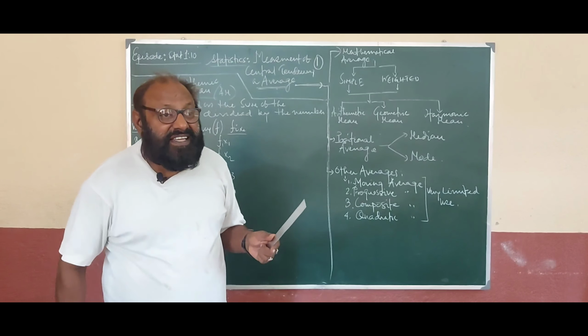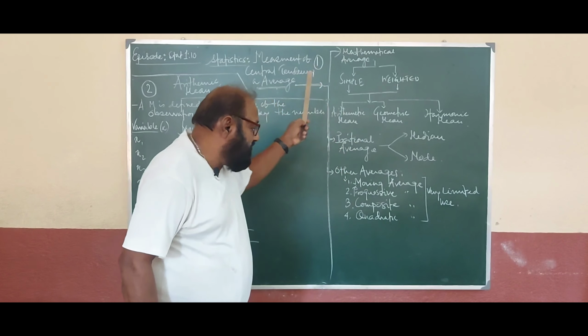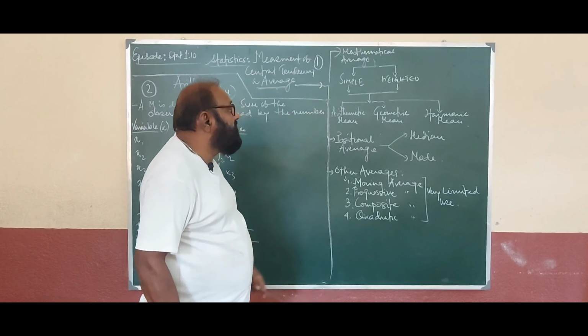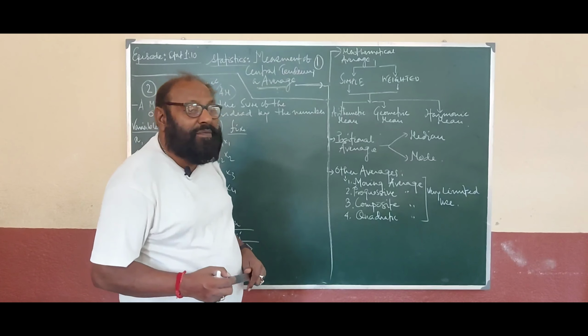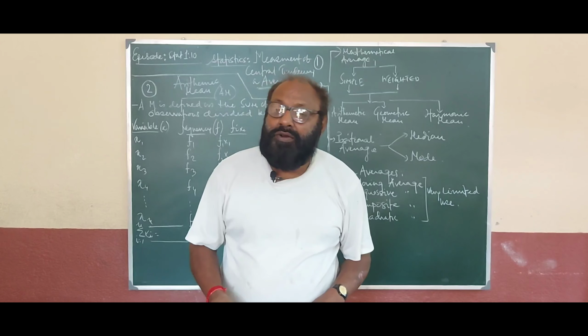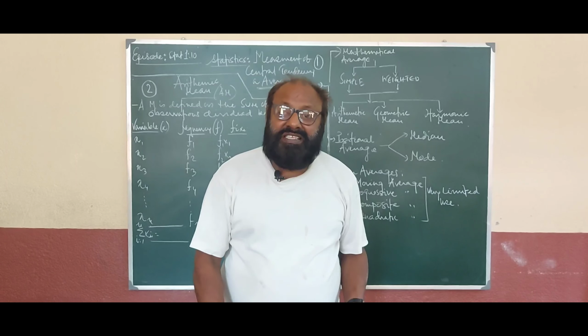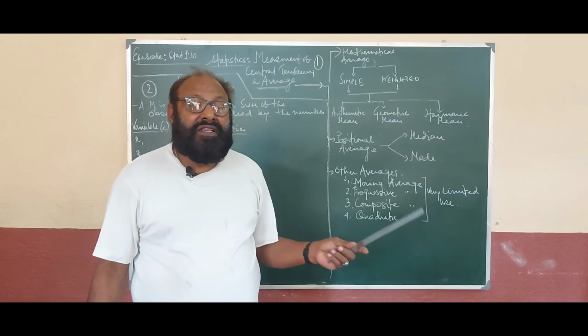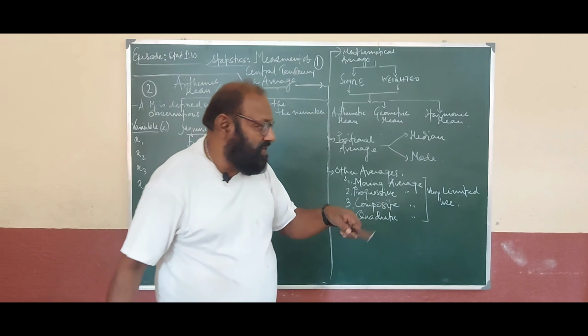This central tendency or average may be of this type. Number one, mathematical average. Mathematical average may be simple average or weighted average. Simple average is when no frequency is given, where frequency is taken as 1 in all cases, and weighted average is when specific frequencies are given.